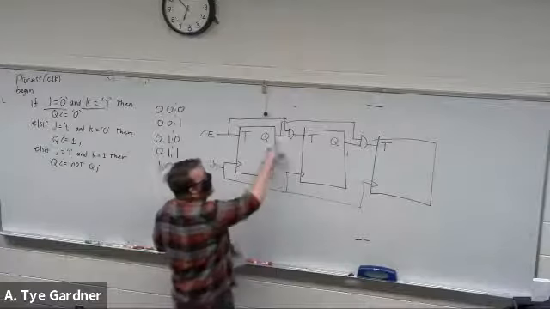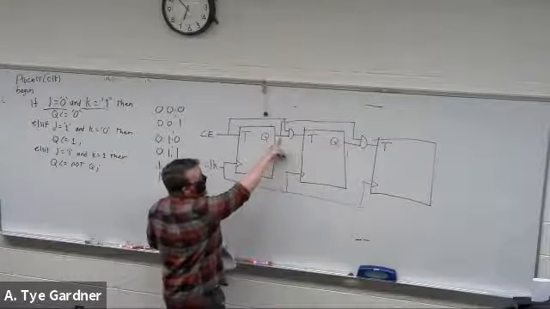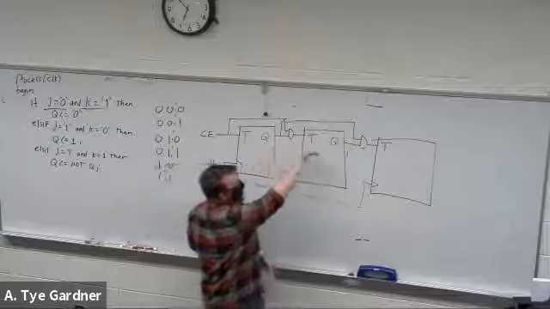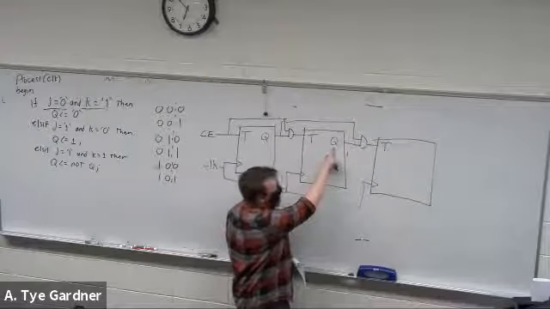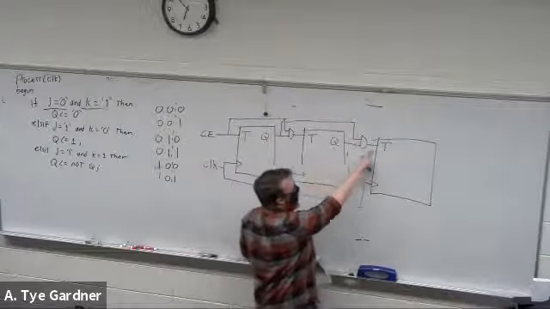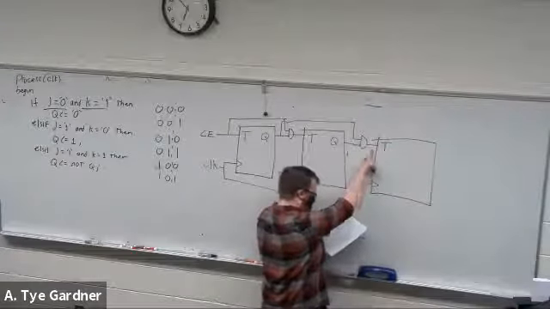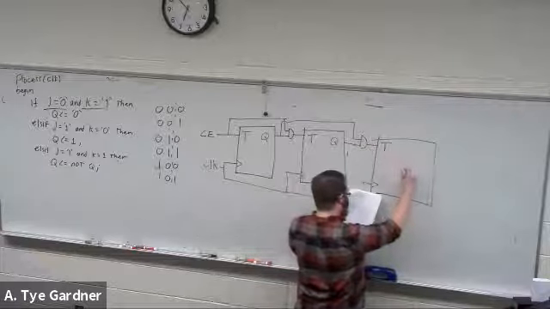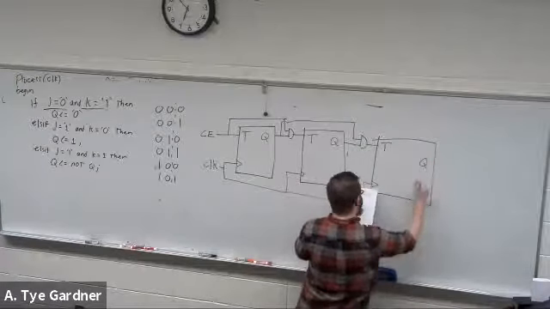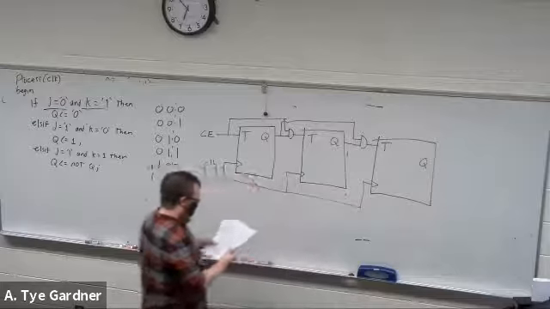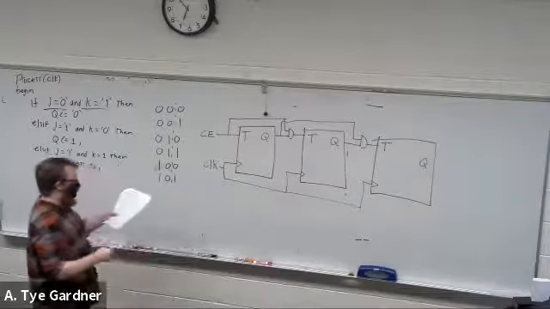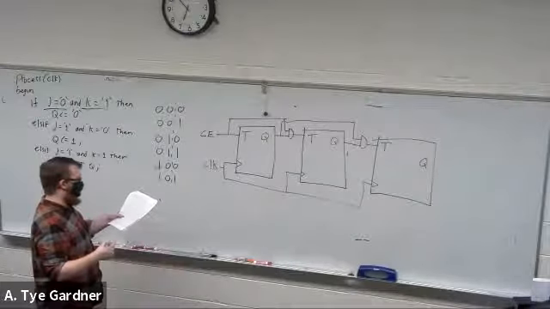Okay, good. So if Q is 1 and this Q is 1, then this T can see a 1. Now I have this nice simple cascade.